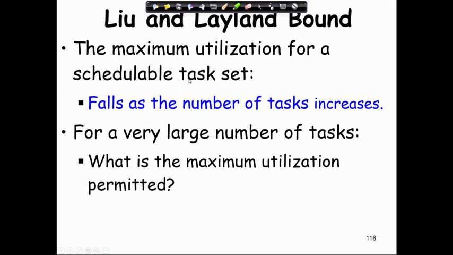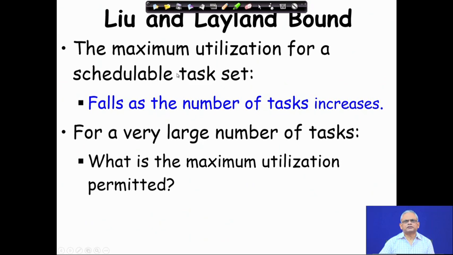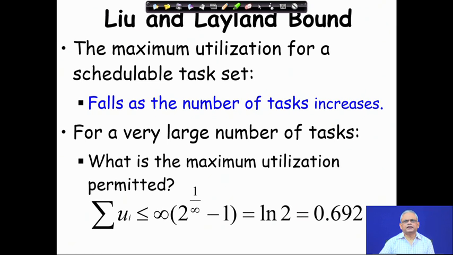As given by this Liu and Layland bound, the maximum utilization at which the tasks become schedulable falls as the number of tasks increases, and for a very large number of tasks it settles at around 0.7. To be precise, it is 0.692.